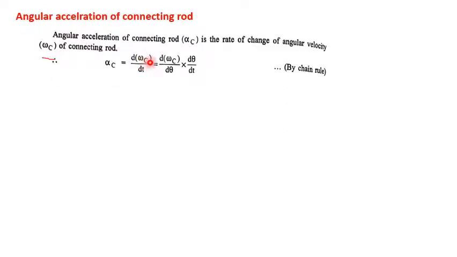So differentiation of this angular velocity of connecting rod with respect to time can also be written like this by using the chain rule, that is the differentiation of omega c with respect to d theta into d theta by dt. Now this d theta by dt is nothing but omega, so I will substitute omega here. Then differentiation of omega c with respect to d theta.